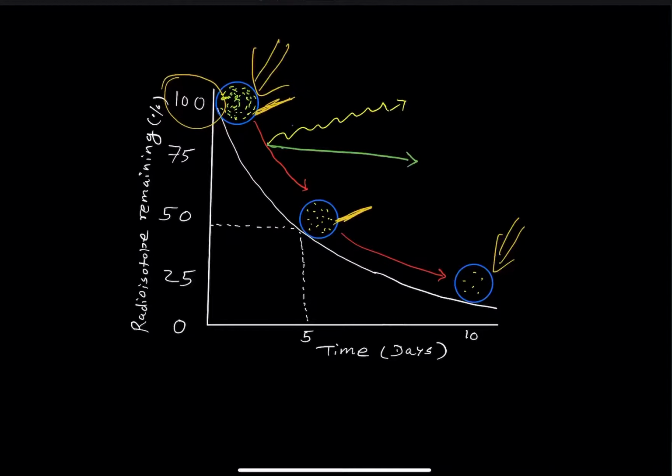If it goes through radioactive decay, the time in which half of the original number of nuclei, in this case 100, decay to its half, going from 100 to 50, that time is called the half-life.